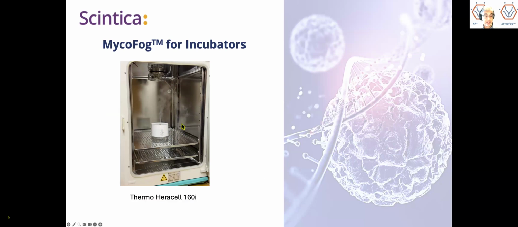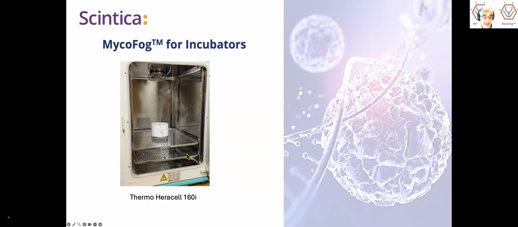And interesting to show you this point, because the shelves have all been placed to the bottom underneath the MycoFog. We'd ask you to put them in the lower half of the incubator to allow the plume to have free access above itself, above the generator.